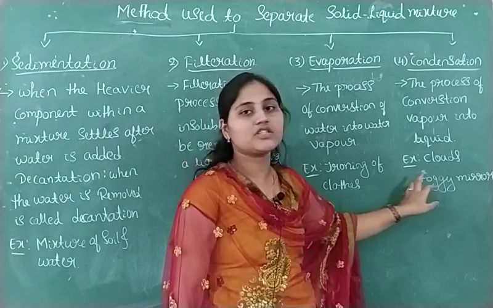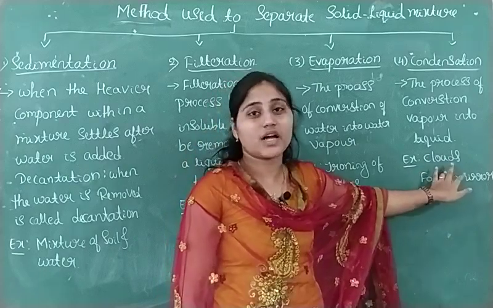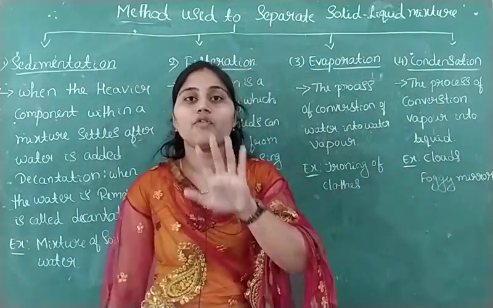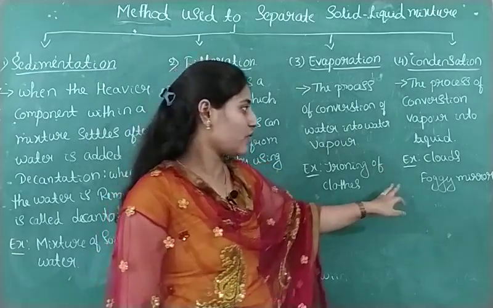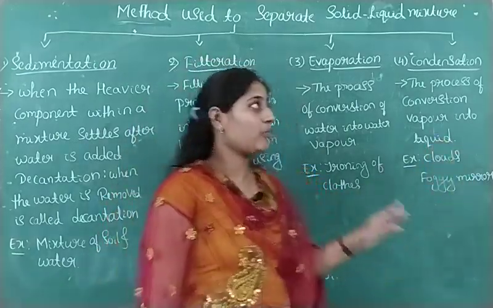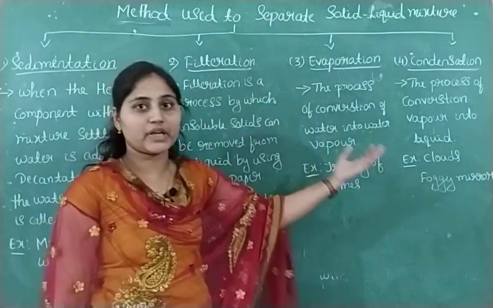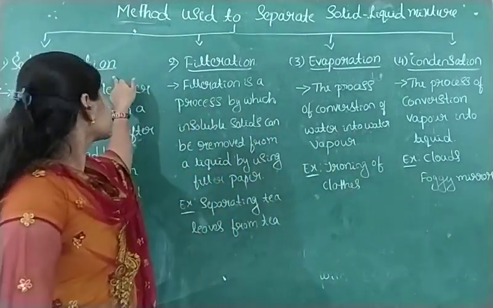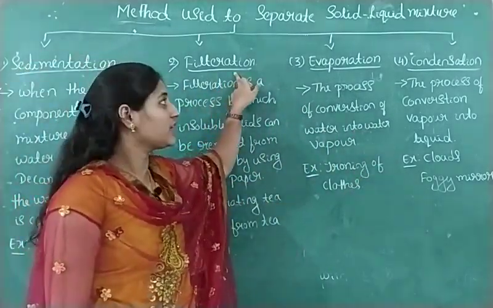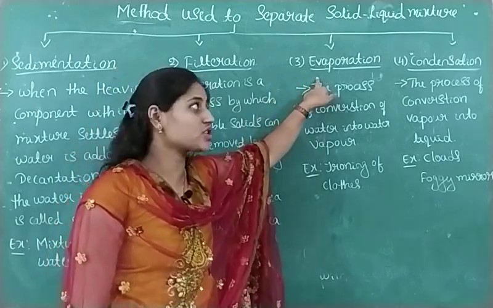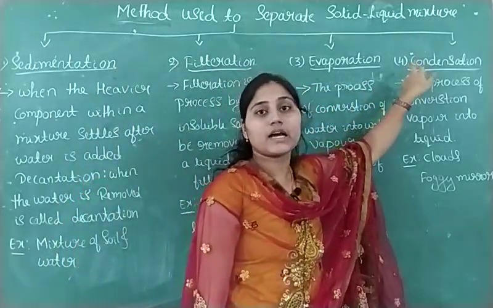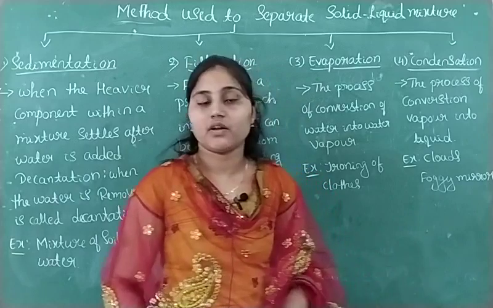What are the examples? A foggy mirror or clouds, again they come back to the form of water, correct. So this is also one of the methods. How many methods are there here? 4 methods. First one, sedimentation. Second one, filtration. Third one, evaporation, and the fourth one is the condensation method.